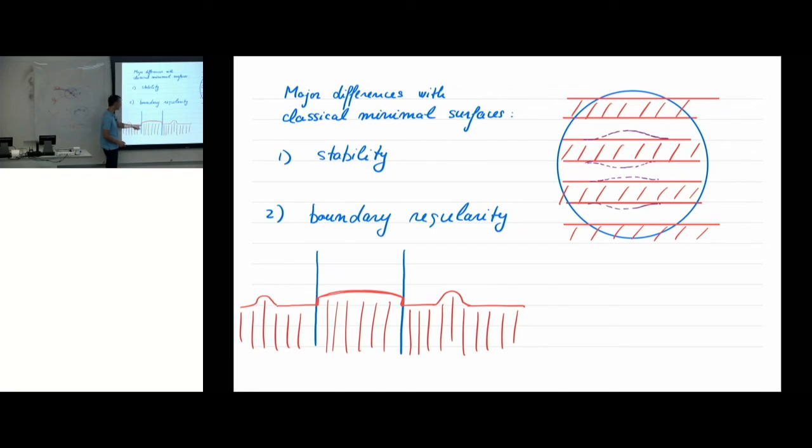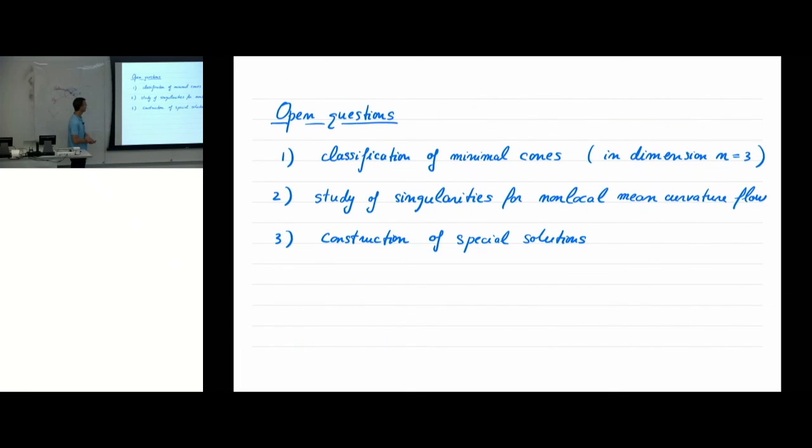Because it doesn't matter so much what is local, where I end up here; what matters very much is the global picture. So if you give me a half plane and you just draw some bumps farther out, this would be your boundary data, and you try to solve for the non-local minimal surface inside, the non-local minimal surface would pop up and create some discontinuity at the boundary, but would be smooth inside. So the boundary regularity is different.